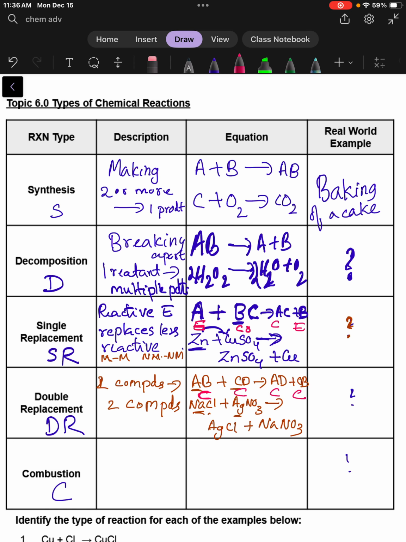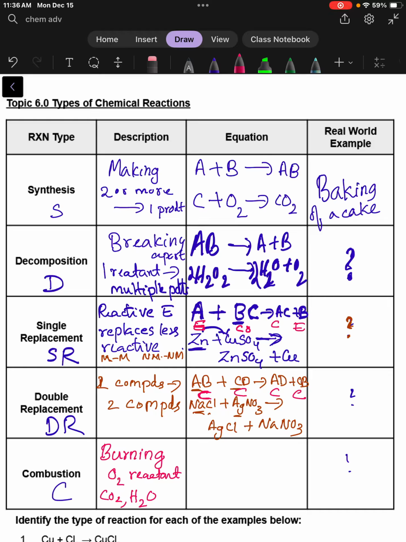Okay, so next one is combustion. Combustion is another name for burning. Burning is uncontrolled oxidation. All burning needs oxygen as a reactant, and the products will always be carbon dioxide and water vapor.